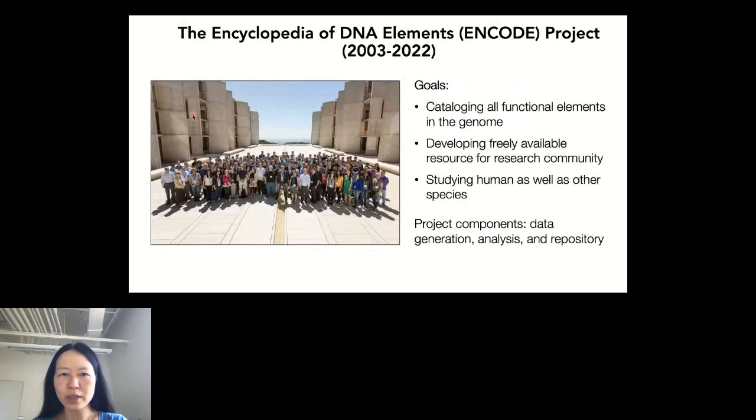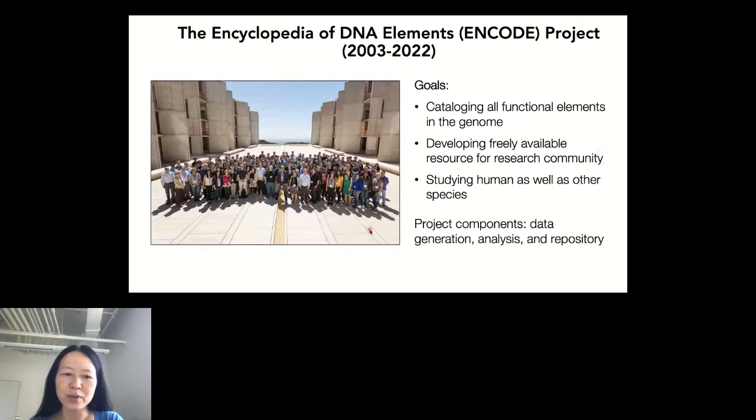So the goal is so important that there has been a 2-decade effort sponsored by the NIH, NHGRI, to support this ENCODE project with the goal of cataloging all functional elements in the human and some model organism genomes, mainly human and mouse. And the project is very service-oriented, and we want to develop freely available resources for the research community.